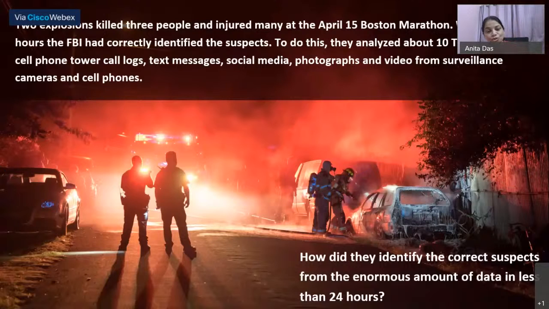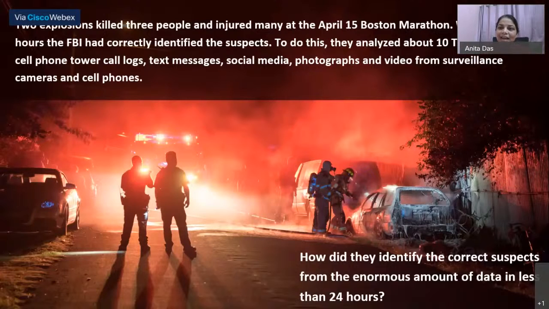Many people were injured, and there was chaos in the event. After that, it was a challenge for the FBI, the Federal Bureau of Investigation, to reach the culprits, the suspects. But how to do that? There were so many people present in the event. It is indeed difficult. Now, what do you think they would have done?